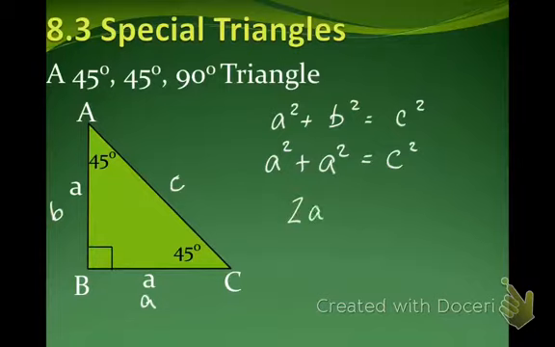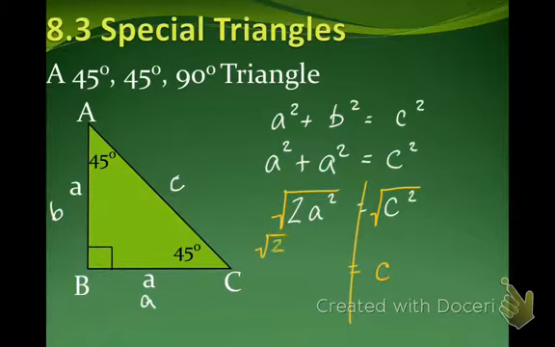I can combine these to be 2a squared. And now when I simplify by square rooting both sides, I end up with c alone. This could be thought of as the square root of 2 times the square root of a squared, which simplifies to be a times the square root of 2.